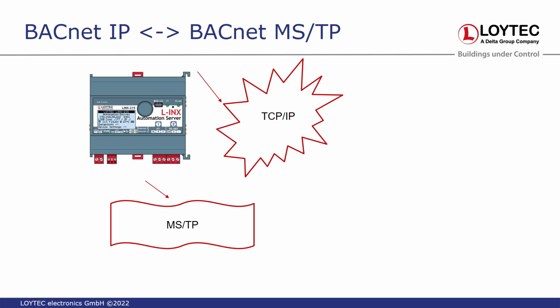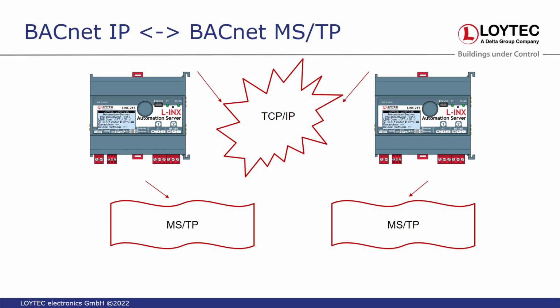And imagine that you need a second MSTP network. You would add a router. How would you configure all of this, and how can we configure the network number for each BACnet network for everything to work okay?